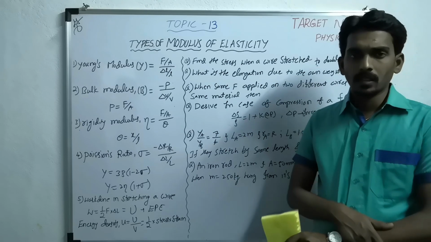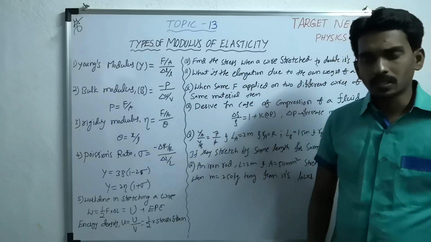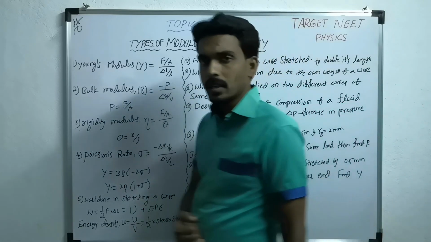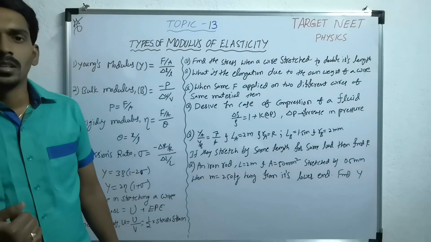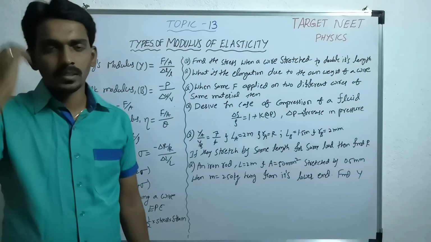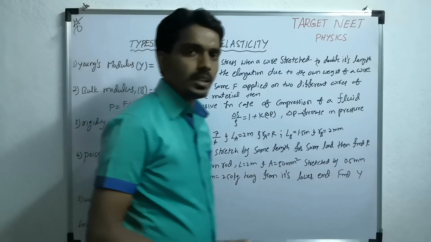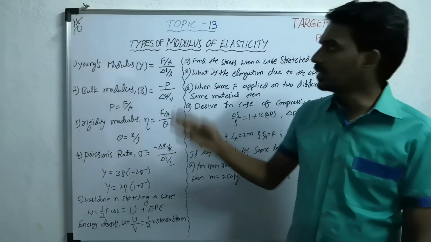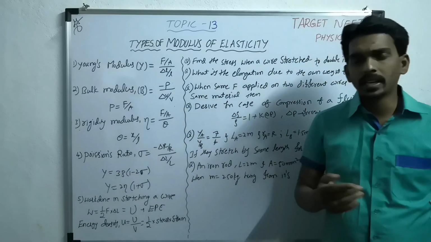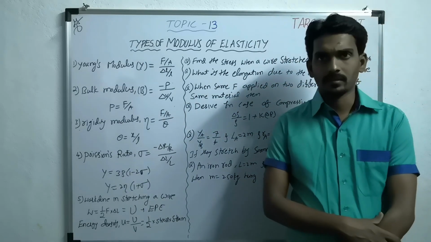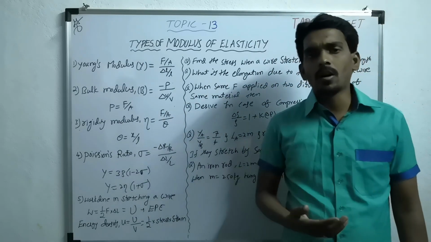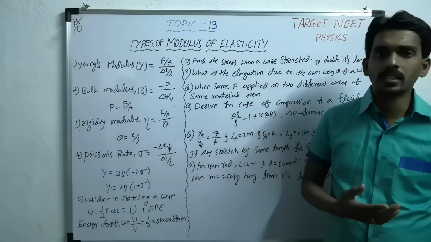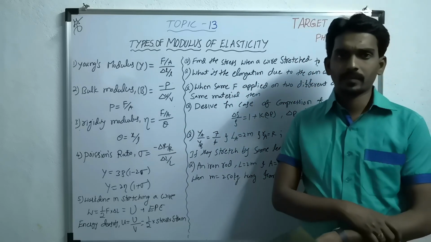So now the very first thing is Young's modulus. Young's modulus is what? The longitudinal stress by longitudinal strain. So here delta L by L is called longitudinal strain. When the length of the object changes, then the strain is called longitudinal strain.